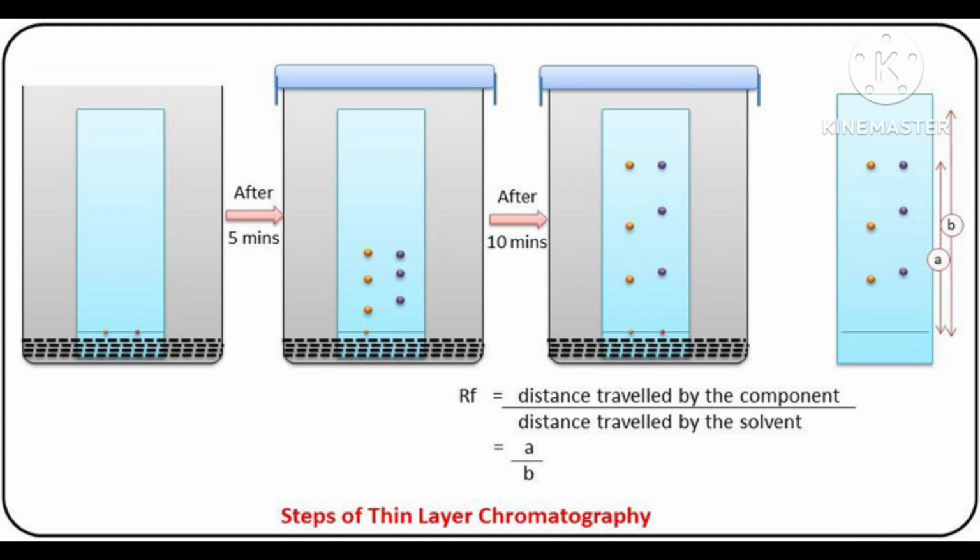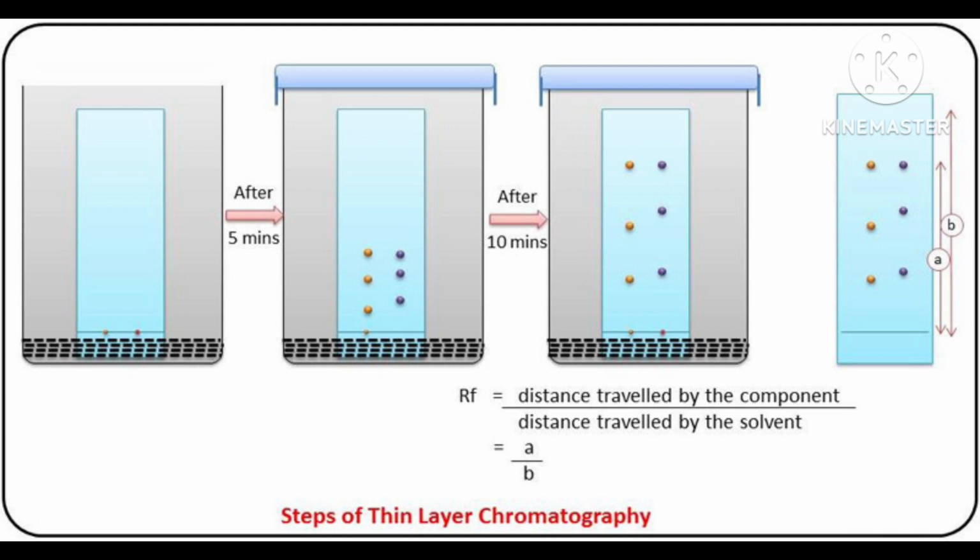The spots of a colorless compound, how will you see them? Colorful ones you can see simply by looking. Suppose some compound was there, that is also separated, but it is colorless. The spots of colorless compounds are invisible to the eye, but they fluoresce in UV rays.